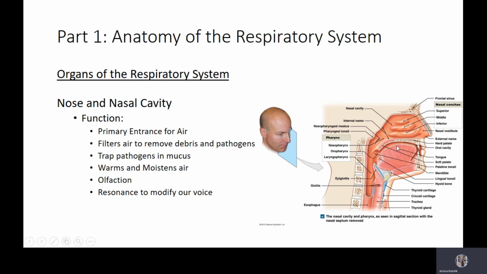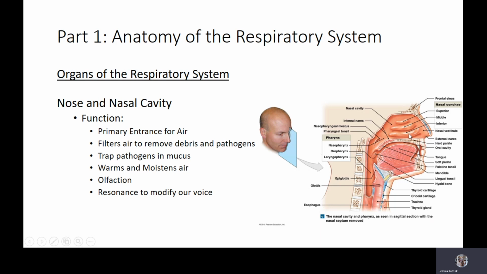It can also pass through the oral cavity, and it will also go into the pharynx. The pharynx is shared by the respiratory tract and the digestive tract. We'll talk about that more in just a moment.